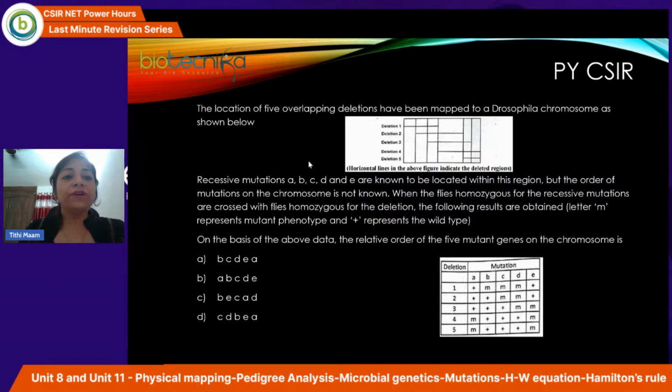So the first topic that we have here. I believe in Tanushri ma'am's session you have already done genetic mapping. So I'll continue that, and we will start with physical mapping. One technique that we use in physical mapping is deletion mapping. And from deletion mapping, this kind of question can be asked.